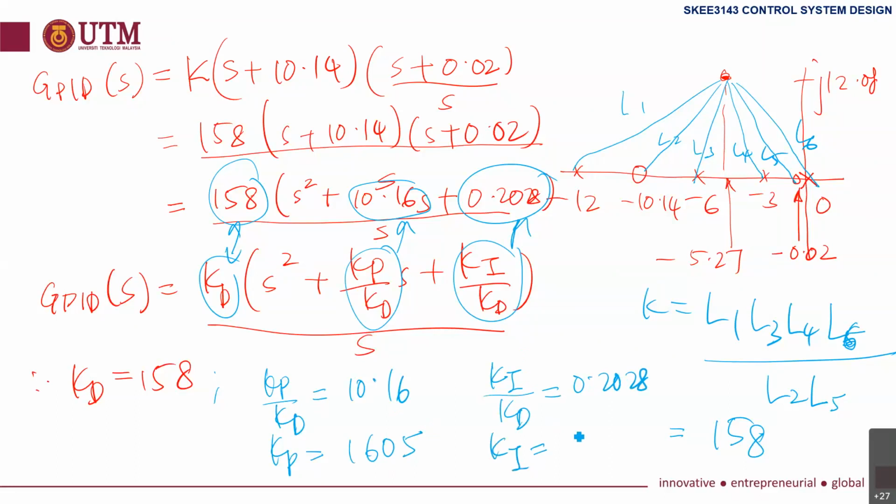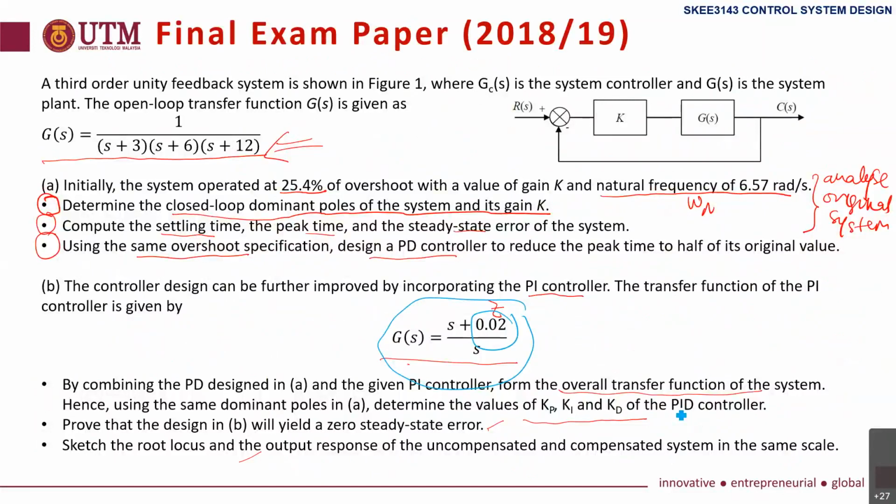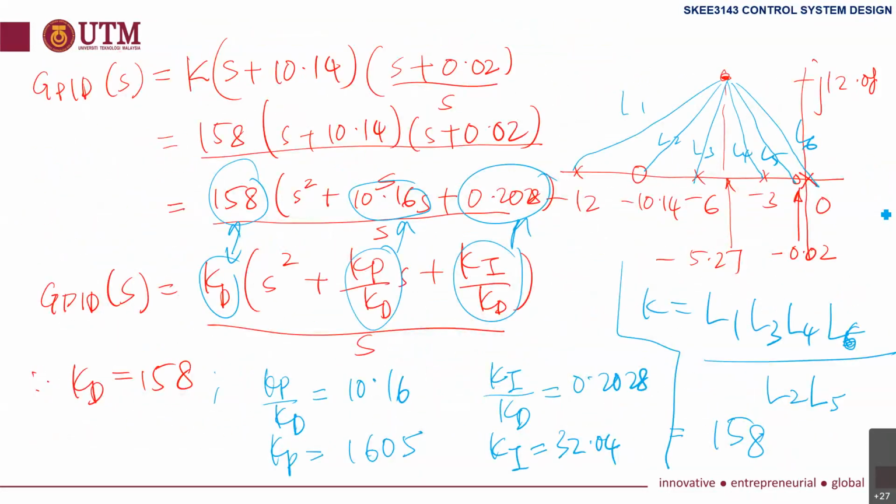Therefore, KI is 32.04. That answers finding KP, KI, KD. Next we need to prove that the error is 0. Of course, if you calculate, error will be 0 because the type of the system is increased by 1 by adding a pole at the origin.